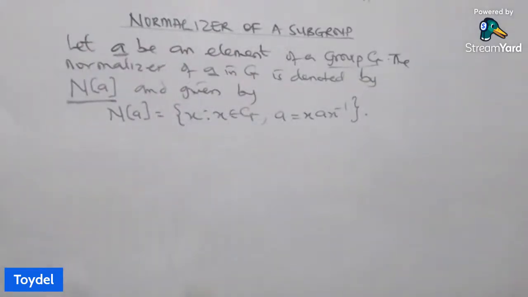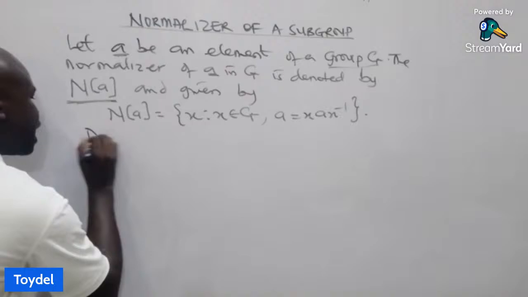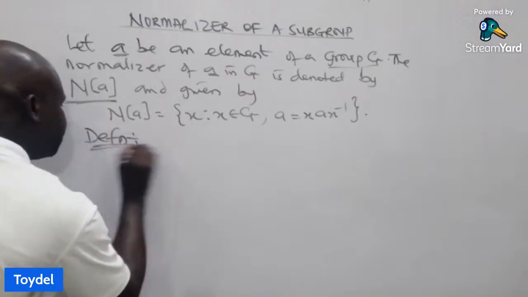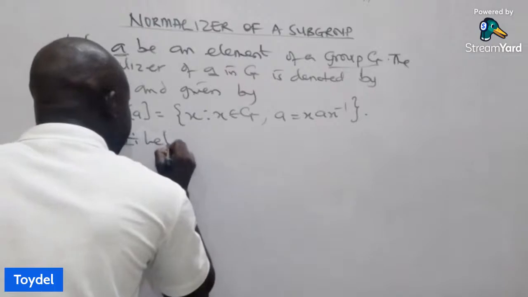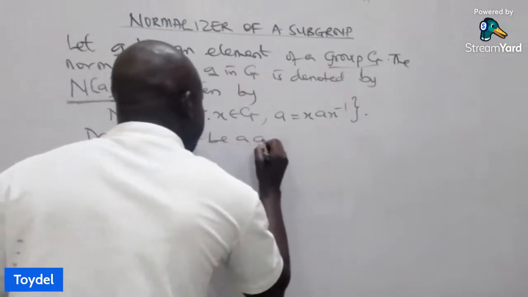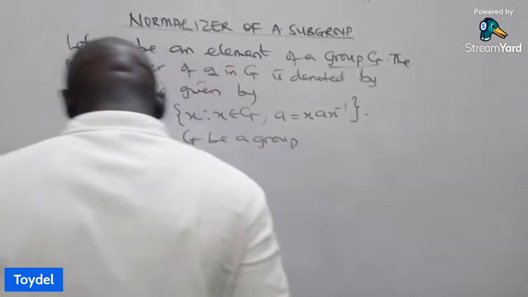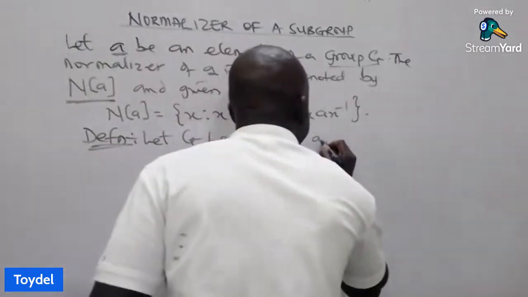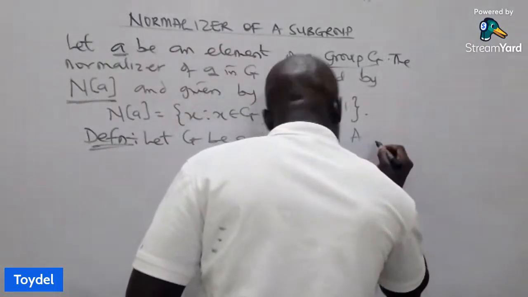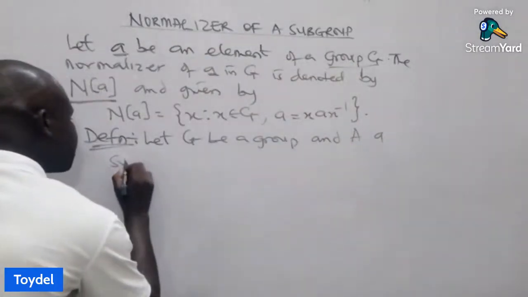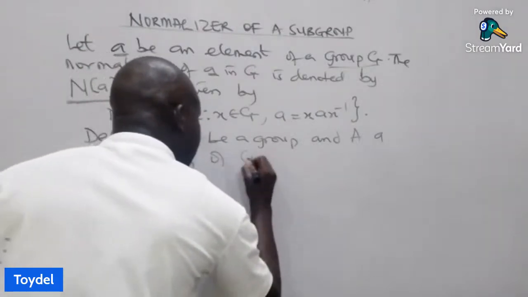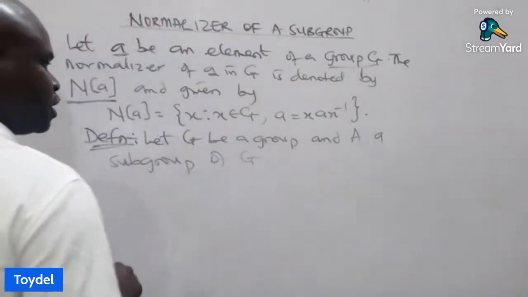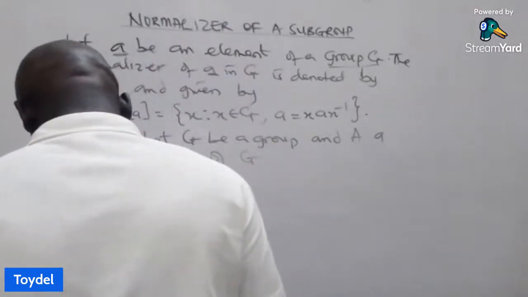But we want to talk about the normalizer of a subgroup. Then now let's define the normalizer of a subgroup. Definition. Let G be a group, and A a subgroup of G. Of course, A is a subset of G because a subgroup is a subset of a group.